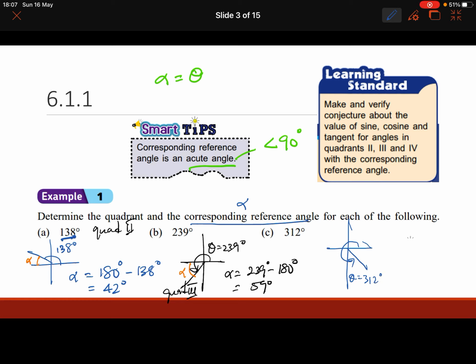Okay, fourth quadrant, and the corresponding reference angle is 360 minus 312 equals to 48 degree. Okay, so we need to know the correct corresponding reference angle, so that we can calculate the sine, the cos, and the tangent of any angles given.